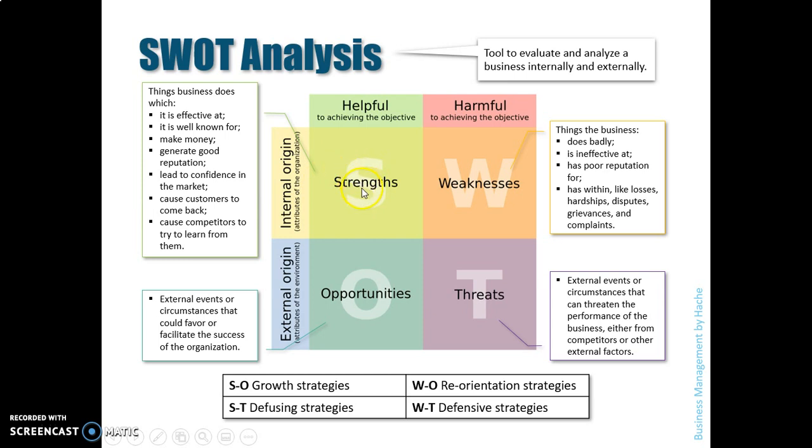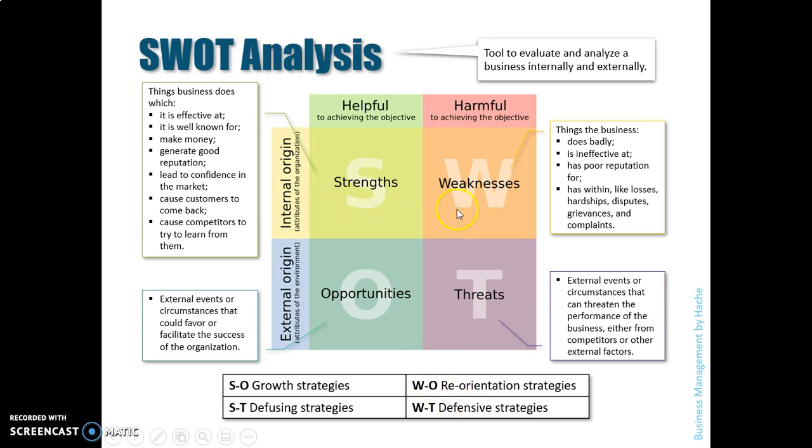So there are strengths that are ready for specific opportunities, and then we can propose growth strategies. We may also have strengths that are ready to fight specific threats that are outside the business. So we set up diffusing strategies. Okay, so we use the strengths to diffuse the threats.